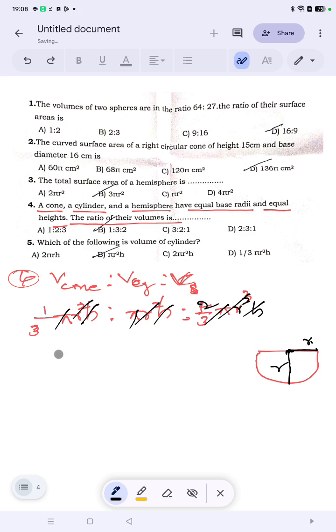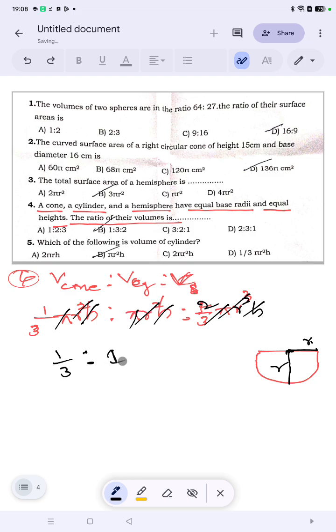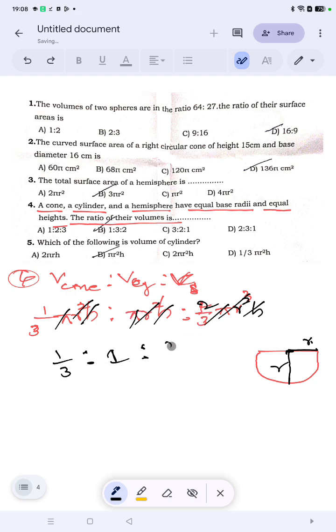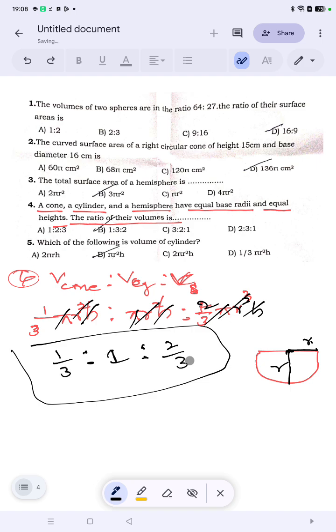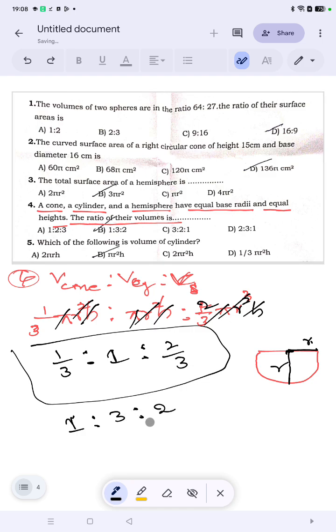So what is left over: for the cone 1 by 3, for the cylinder 1, and for the hemisphere 2/3. Now to make it simple, the denominator is 3, so multiply all values by 3. Multiplying 1/3 by 3, the 3 cancels and 1 is left. Multiplying 1 by 3 gives 3. Multiplying 2/3 by 3 gives 2. So what is the final ratio? 1:3:2. That is our answer.